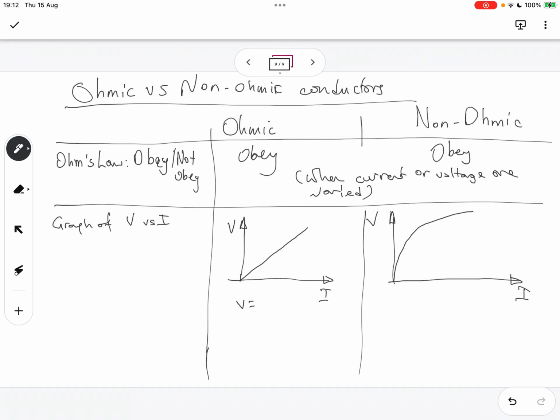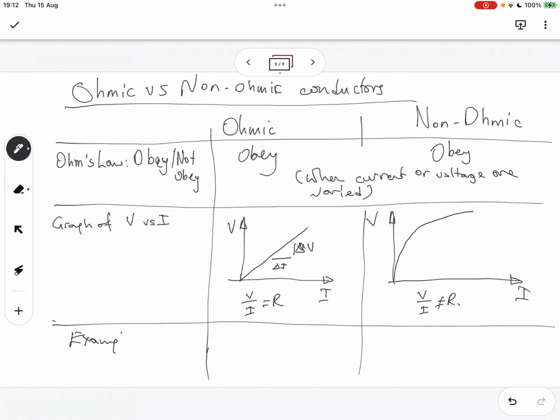So here V over I, the gradient, equals resistance, but here V over I does not equal resistance.